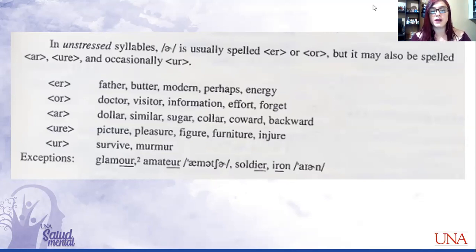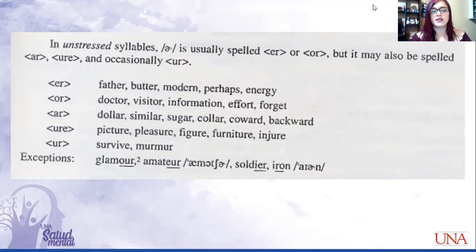Those are very common, but also you can find it in AR, URE, and occasionally in UR, but only for unstressed syllables. We have father, father, modern, perhaps, energy, doctor, visitor, information, effort, forget.